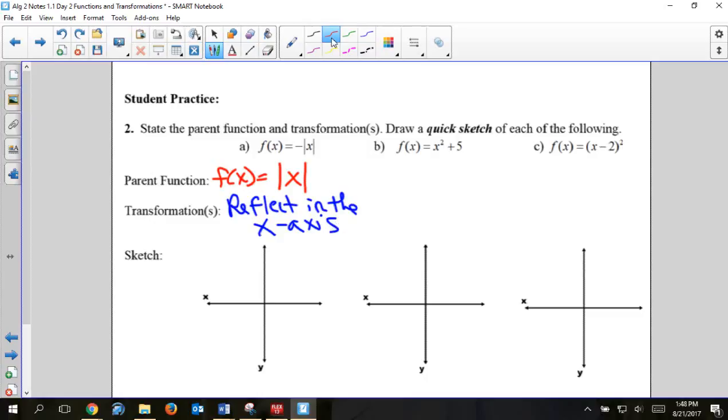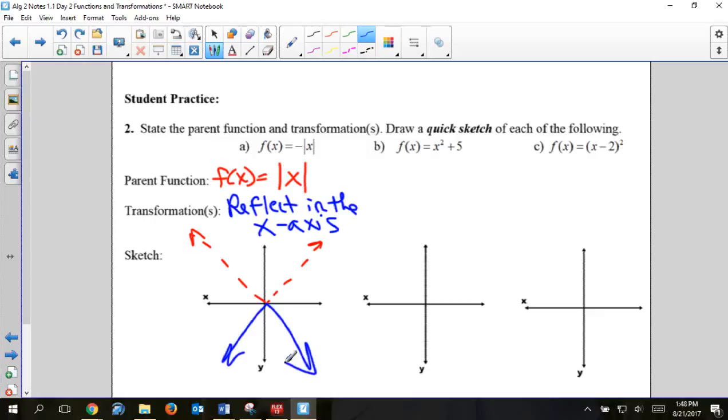Now we're going to do a quick sketch. So the first thing you're going to do is sketch your parent function. If you don't know the parent function, it's on the first page, but it's a V and it goes straight through two quadrants. And then we're going to do a quick sketch of the function reflected in the x-axis. If I'm going to reflect this over the x-axis, it would be the same thing, just facing down.